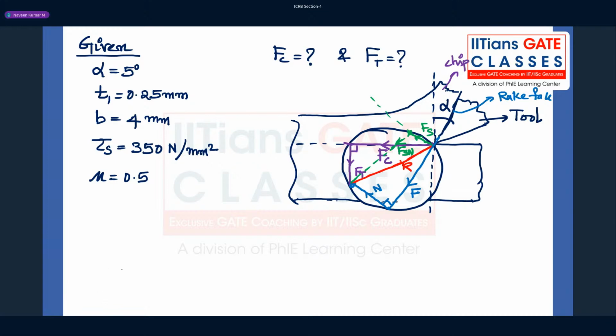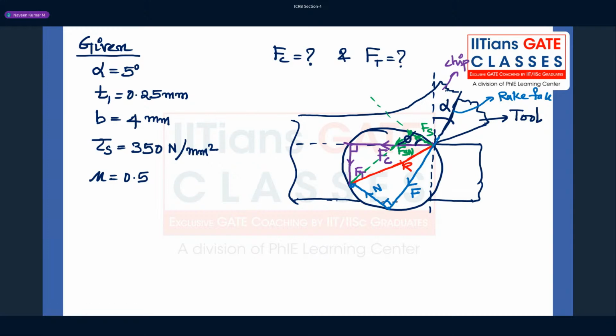So this is alpha, and if you go and see this angle here, the angle between the cutting plane and the shear force plane is called phi. And the coefficient of friction between the chip and the tool face is 0.5, they've given. But there is this thing called beta.